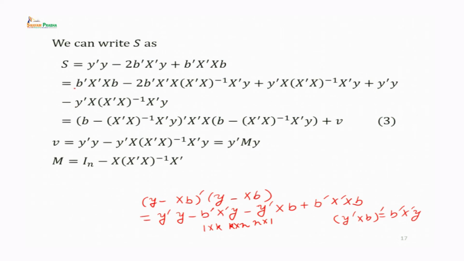Now, you combine these three terms. So, you can write these three terms as (b minus X transpose X inverse X transpose y) transpose. In the middle, you have X transpose X, then (b minus X transpose X inverse X transpose y).